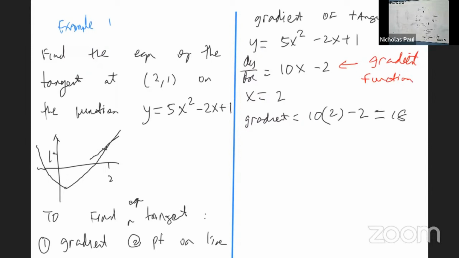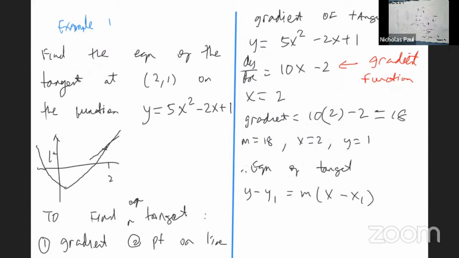So we know the gradient, we know the point, so we know m is 18, we know x is 2, we know y is 1. So we can find the equation now. Any questions there? I'm just going to use the formula now. y minus y1 equals m times (x minus x1).